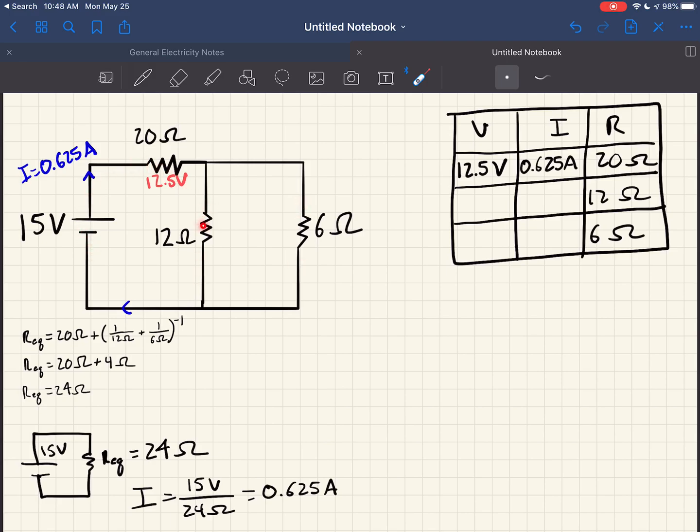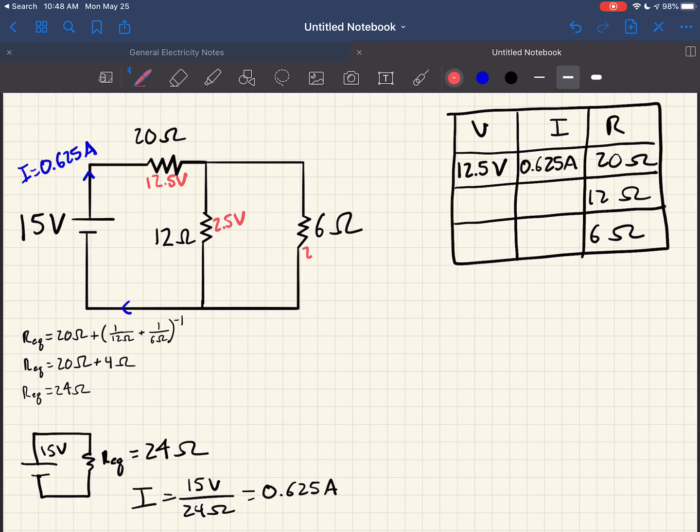Because if I imagine our loops, we've got two possible loops we can make. This is a 15 volt gain, a 12.5 volt drop. Well, we have to lose such an amount here so that the total that we lose is 15 volts. So if I go around this loop, I lose 12.5. The only way that I can get a total drop of 15 is if this is a 2.5 volt drop.